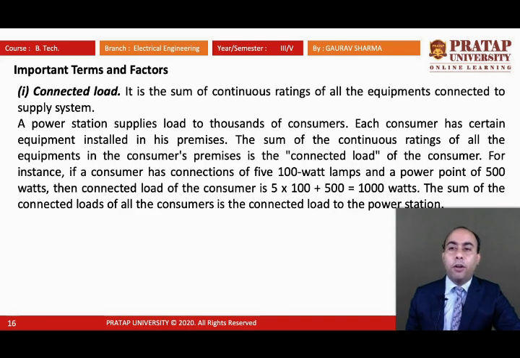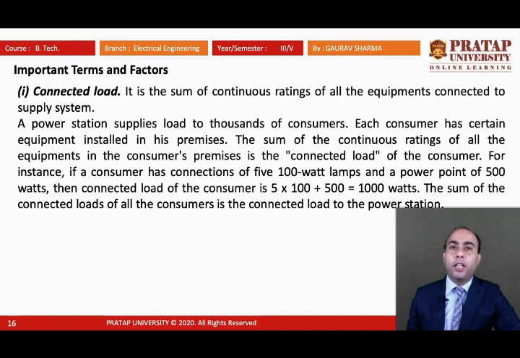The important terms related to load factors are the connected load. It is the sum of the continuous rating of all equipment connected to the supply system. A power station supplies thousands of consumers. Each consumer has certain equipment installed in his premises.